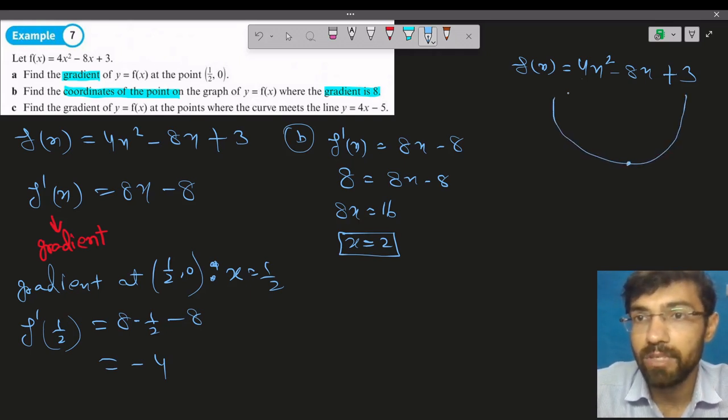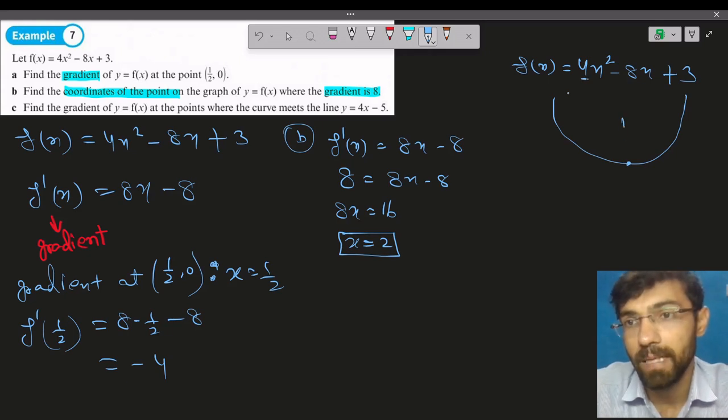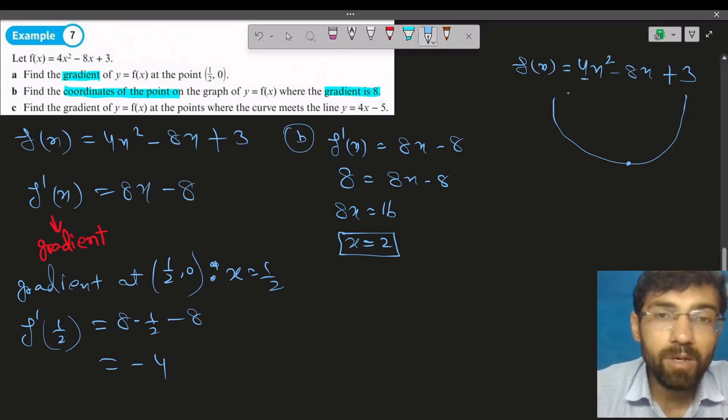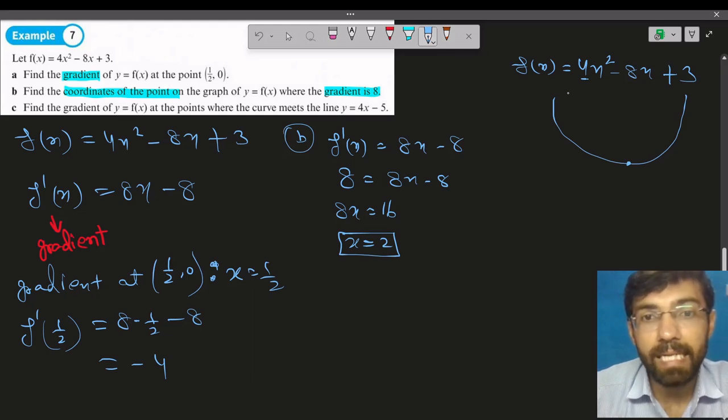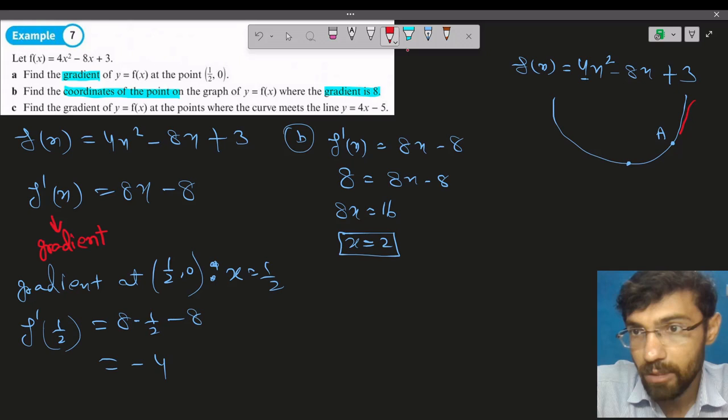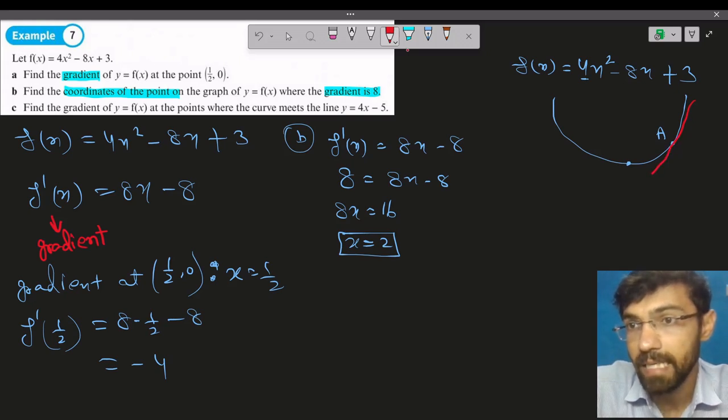Since the coefficient of x squared is 4, which is positive, the parabola will open up. We got that our gradient will be 8 at x equals 2, somewhere here, let us say this is the point A. The gradient is basically the gradient of the tangent. So if I draw a tangent to the curve at this particular point, the gradient is represented by m, so m will be 8.